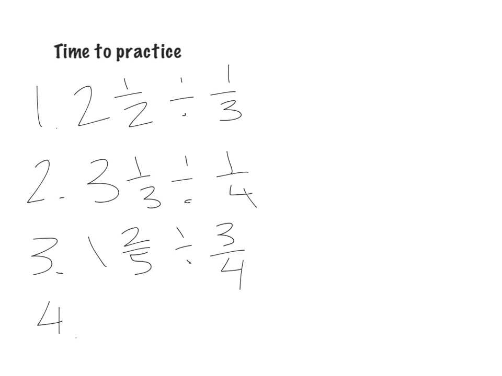Let's do a mixed number by a mixed number. So 2 2/3 divided by 1 4/5. So try those out. Pause this. Take your time, and remember, improper fraction first for anything that's a mixed number before you do the division process.